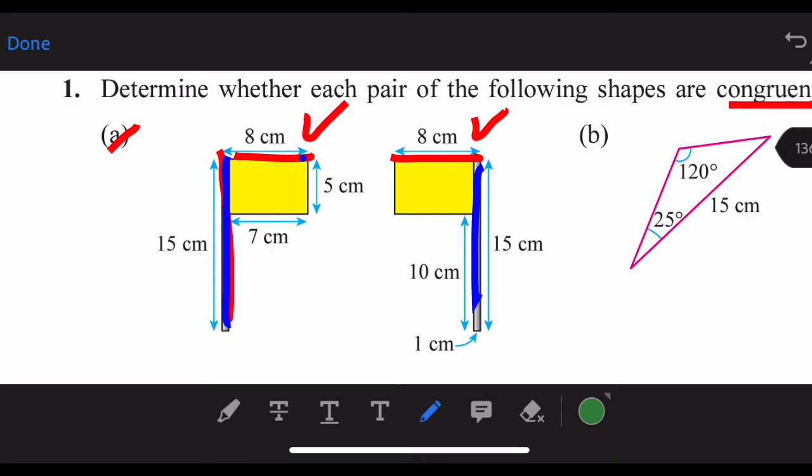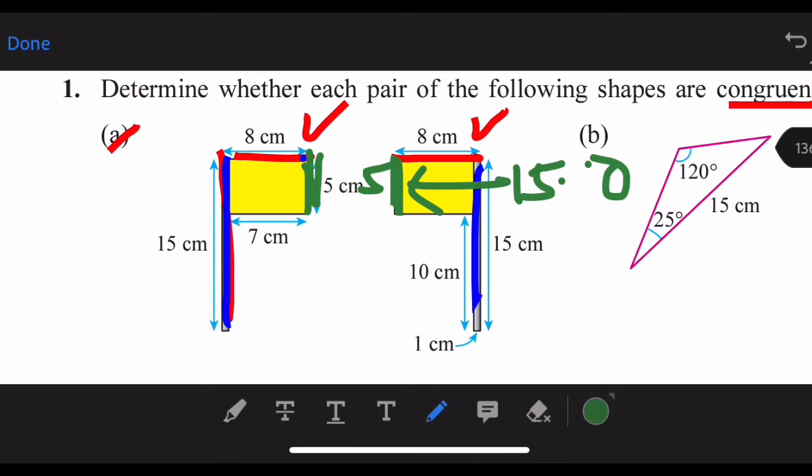Is this 5 or not? 15 minus 10. So we are getting 5. So these two are equal. Seems like alright, but let's double check again.